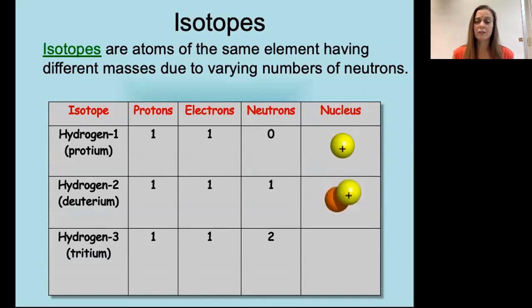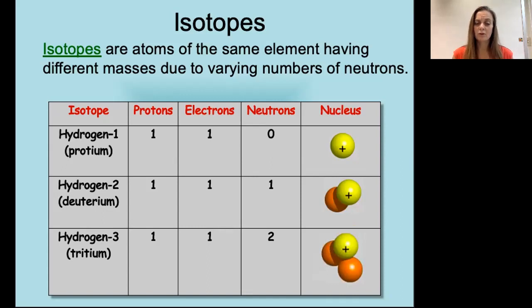If we look at hydrogen 2, also called deuterium, we still only have 1 proton, that's hydrogen. We still only have 1 electron, it's still neutral, but now we've added a neutron and we've doubled the mass. Now in our nucleus, instead of just a proton, we have a proton and a neutron. When we get to hydrogen 3, we still have only 1 proton, only 1 electron, but we now have 2 neutrons.